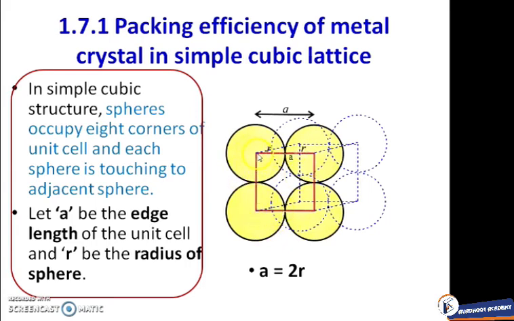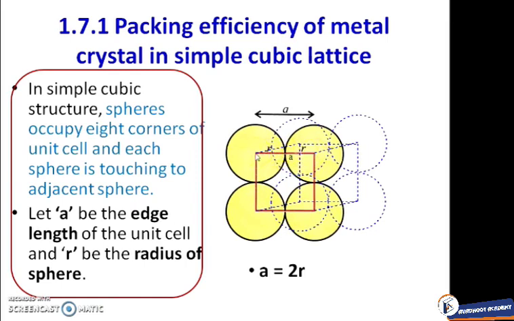Now the distance between the centers of two adjacent spheres is the edge length, denoted by a. So the distance from this center of sphere up to this is equal to a. This is also a, this is also a, and this is also a.